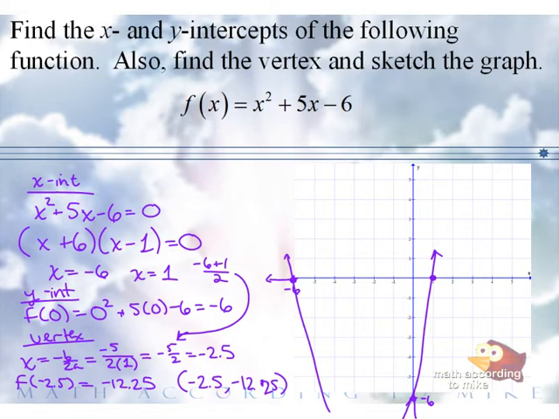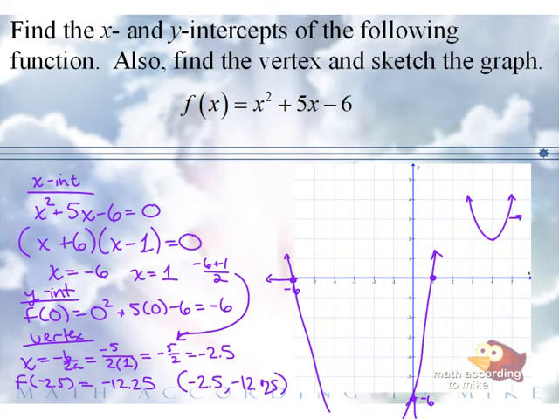Comment number 2. Based on the vertex and how it opens up or down, it will let you know if there are even x-intercepts to begin with. For instance, if your vertex was above the x-axis and it opened up, will it ever touch the x-axis?